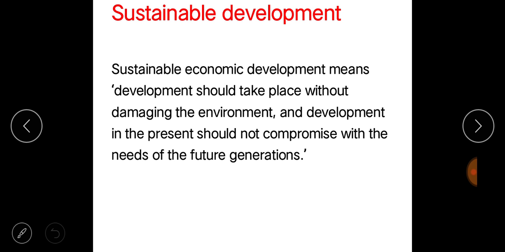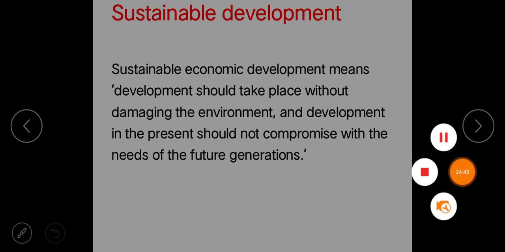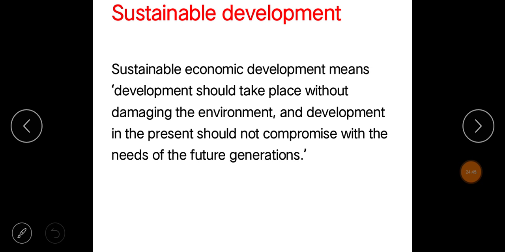We should not put this environment, this planet, in danger for our satisfaction, and development in the present should not compromise with the needs of the future. We should look out for the future generations and what their needs are. This is sustainable development.